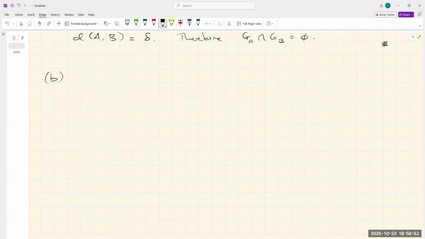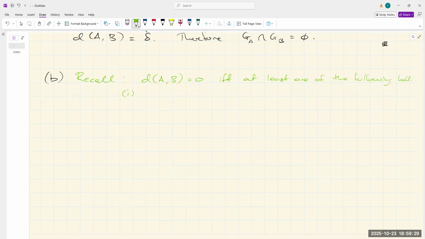What do you need to recall? Recall the distance between A and B is equal to 0 if and only if at least one of the following holds.